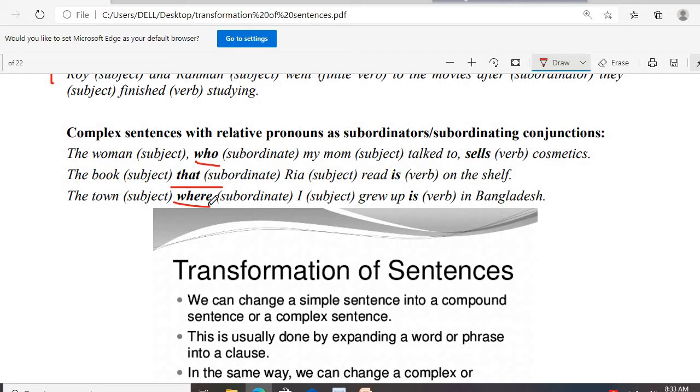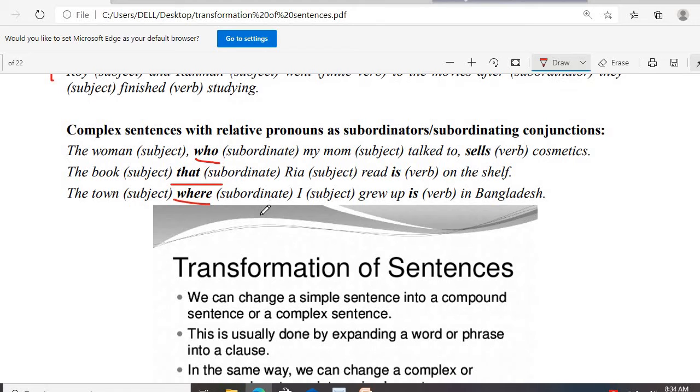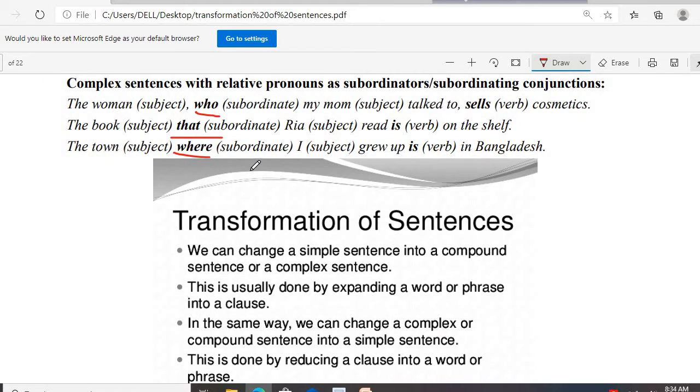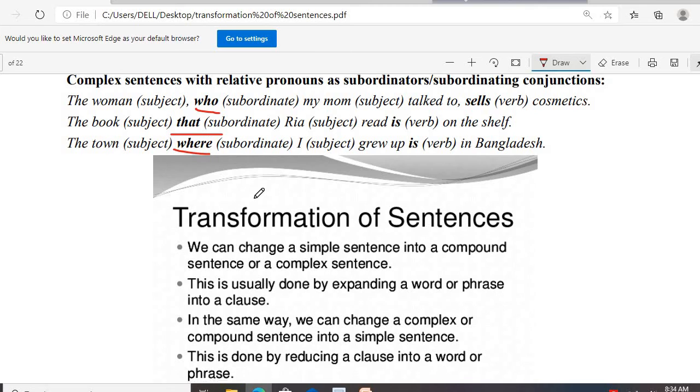This is the most important thing, and complex sentences with relative pronouns are often found in public examinations. So you have to know the use of relative pronouns very clearly.